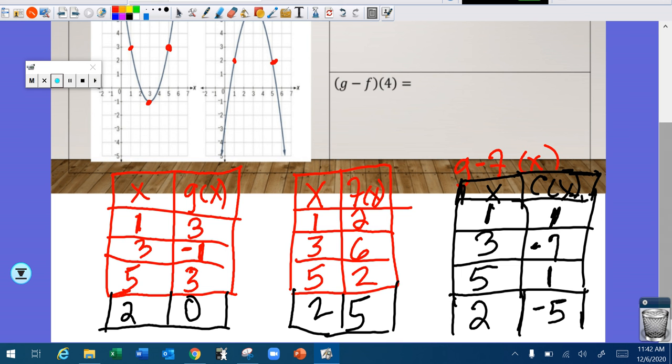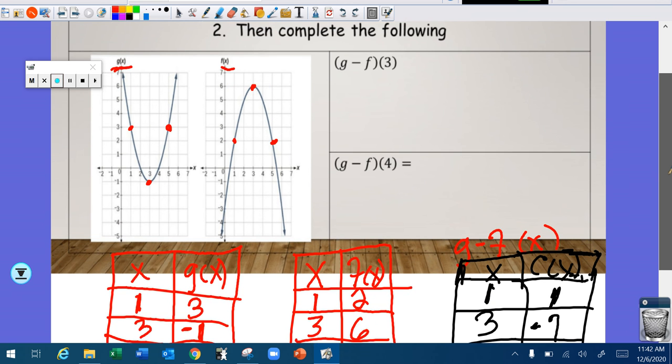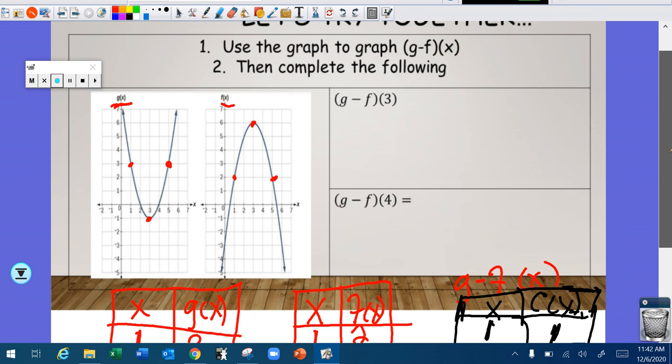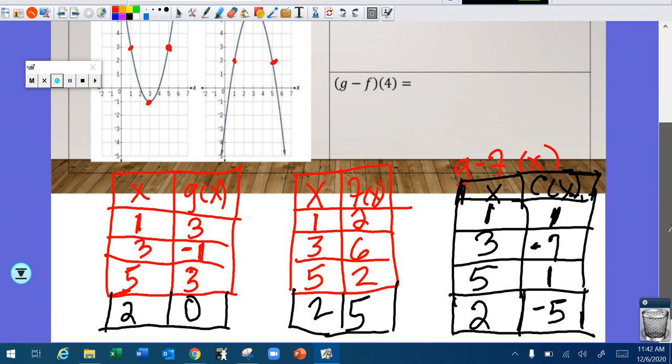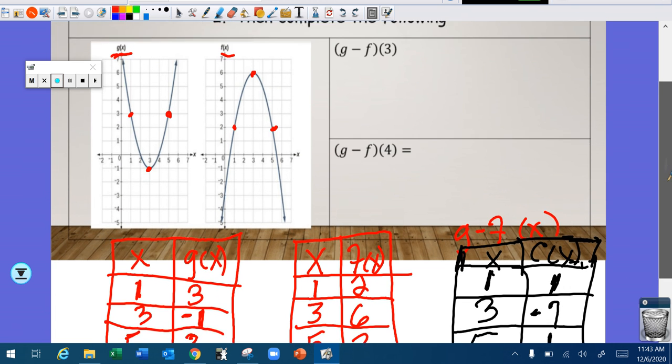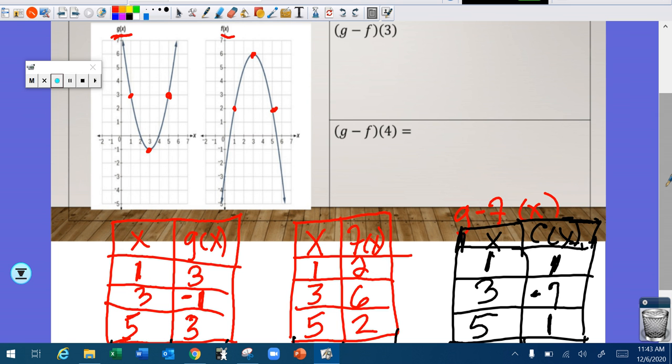And then I'm going to go to a number that's below 1 on both of these graphs so I can test something out. Because it looks like I'm going to get a parabola back because I see 1 is starting to repeat here. So we're going to go ahead and make that assumption that we're going to get a parabola out. And let me see something. If I test below 1, I'm going to go ahead and test 0.